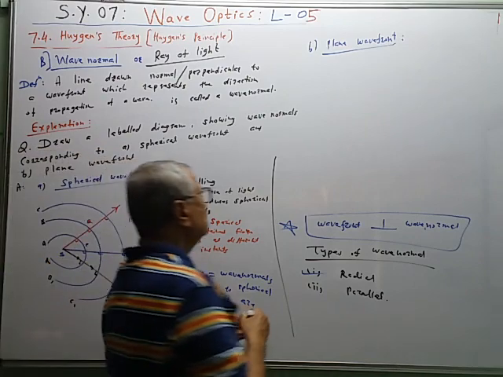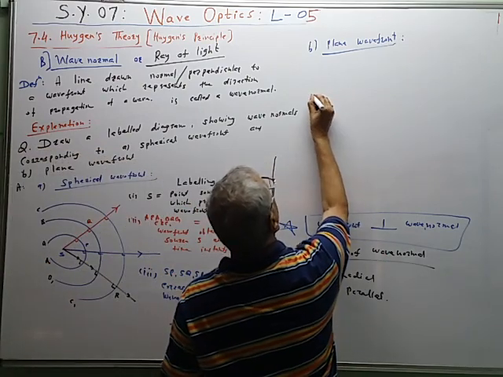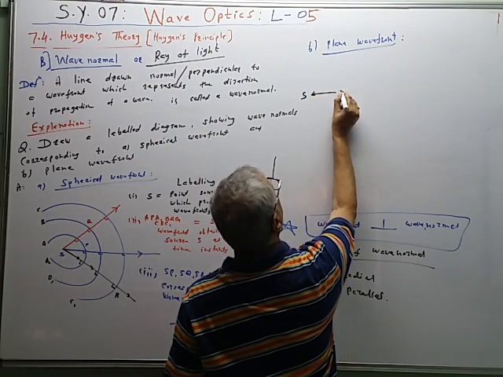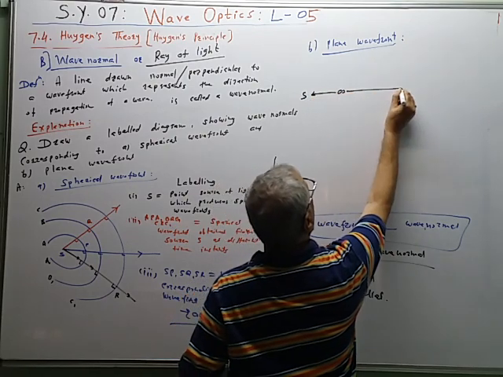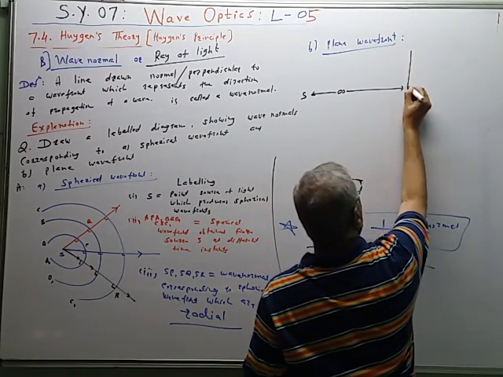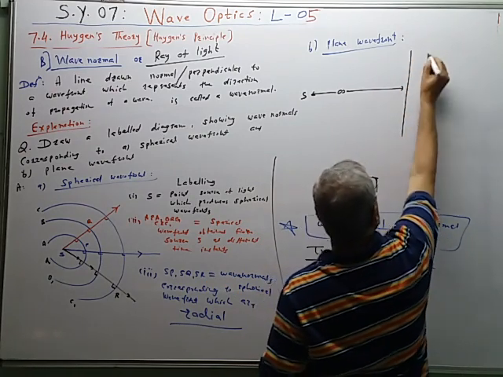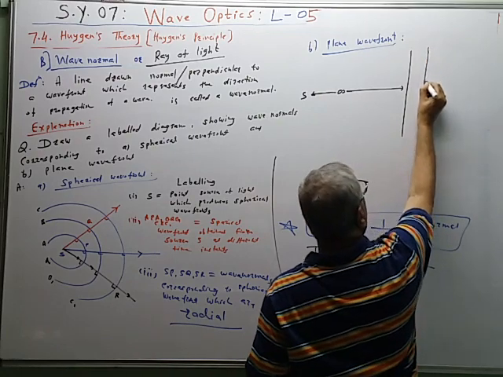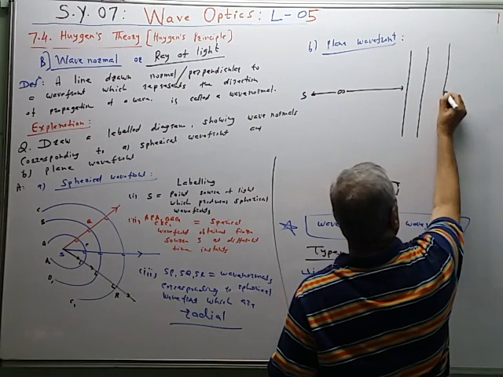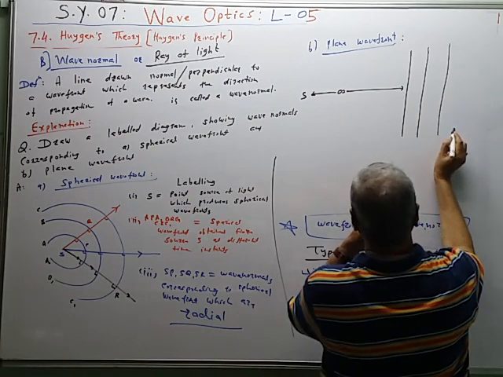So we are keeping the source at infinity. So S is the source and it is kept at infinity. So at infinite distance we get a plane wavefront at time t1 second. As time increases we get another plane wavefront. This is another plane wavefront. So these are the plane wavefronts.